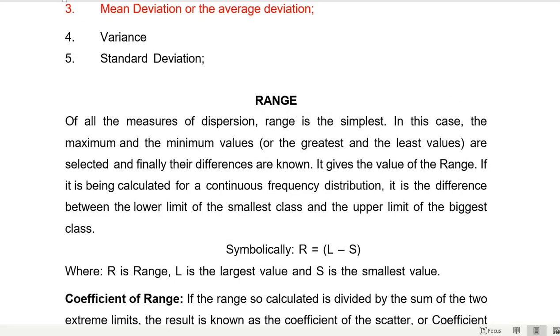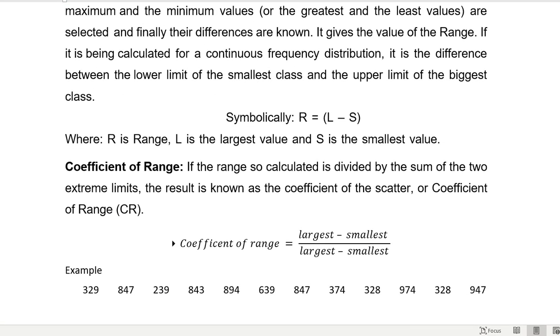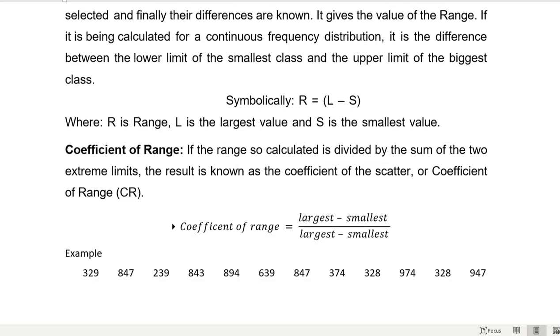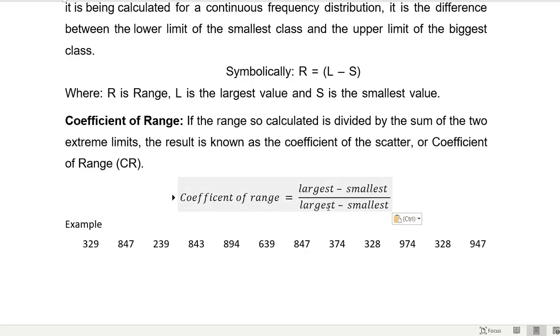Now, this is the formula: range is equal to largest minus smallest, whereas the coefficient of range is largest minus smallest divided by largest plus smallest. So this is the actual formula.